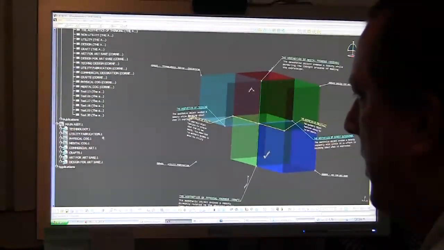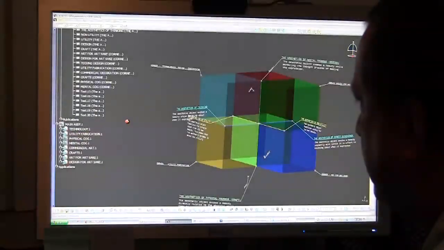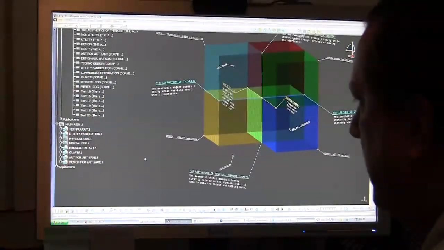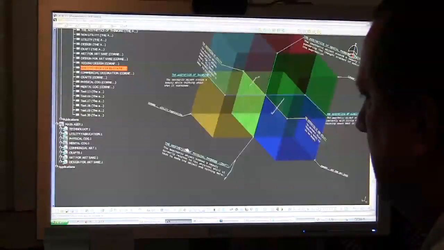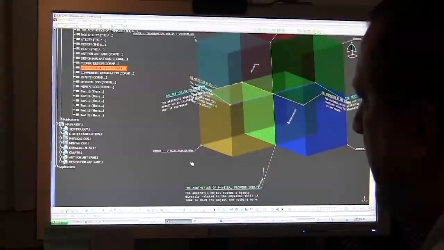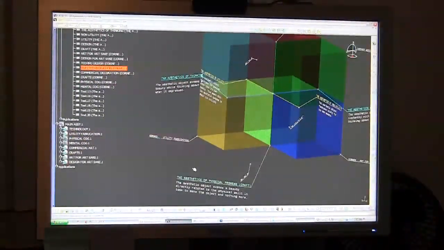Okay, so let's go to this one. Right underneath it is utility fabrication. So that would be the people that build what the engineer designs, those craftsmen in the BMW facility that polish those fenders and work out a way to make sure that the upholstery looks meticulously perfect.